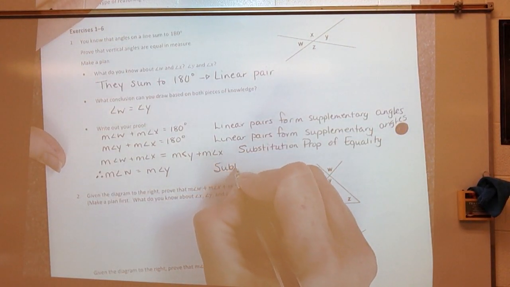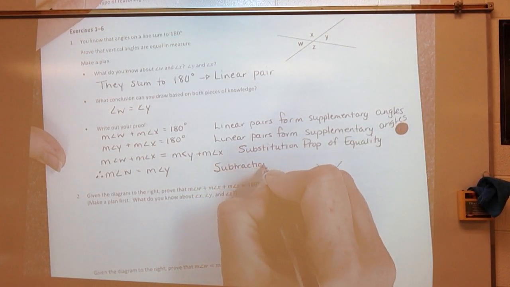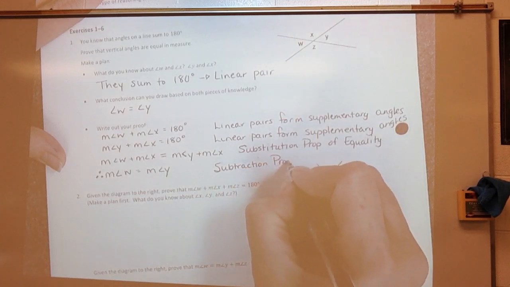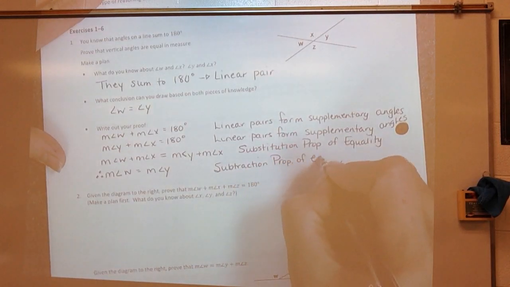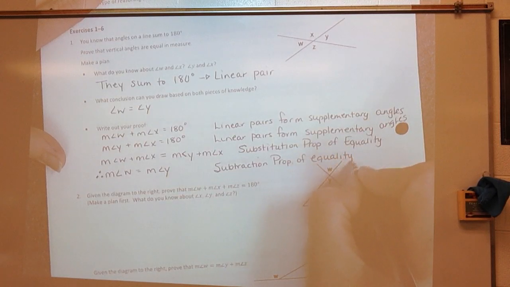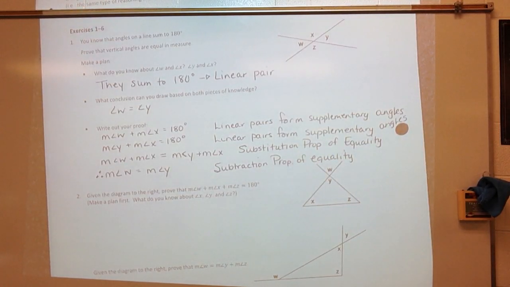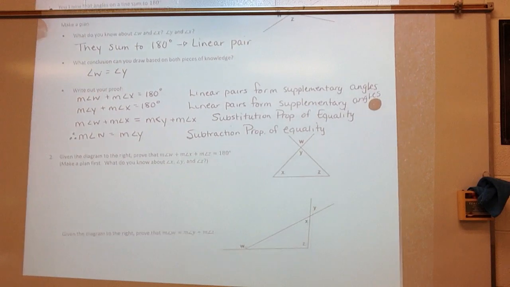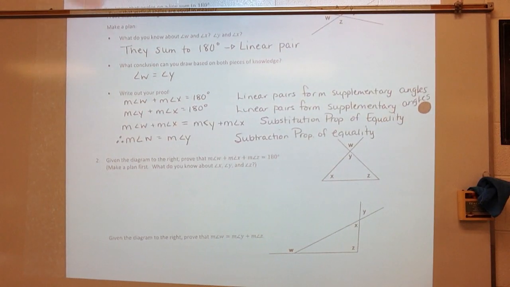So subtraction property of equality. Okay? If I subtract the measure of angle X, it doesn't matter because it's the same thing. Even though I don't have a number in there, I know the measure of angle X is the same on both sides of my equation. I can subtract that, and I end up with the measure of angle W is equal to the measure of angle Y. And you have just completed your first geometric proof.